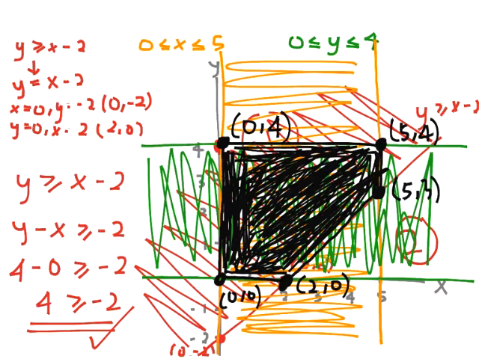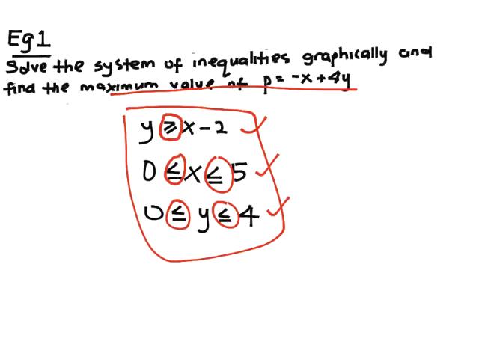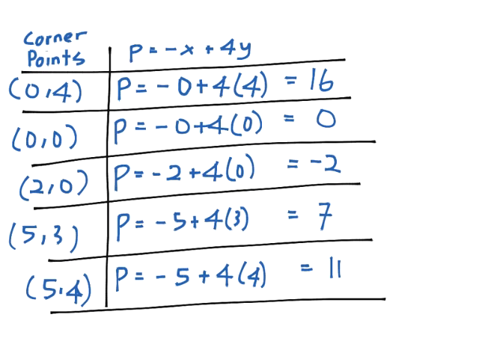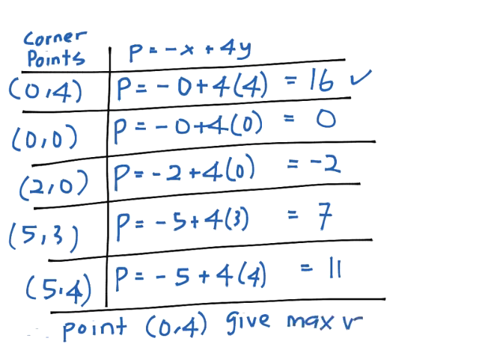Since your original question asks you to find the maximum value of p, maximum means the highest value of p, which is 16. So to come up with the maximum value of p, your corner point should be (0, 4). So your final answer is that (0, 4) gives the maximum value of p.